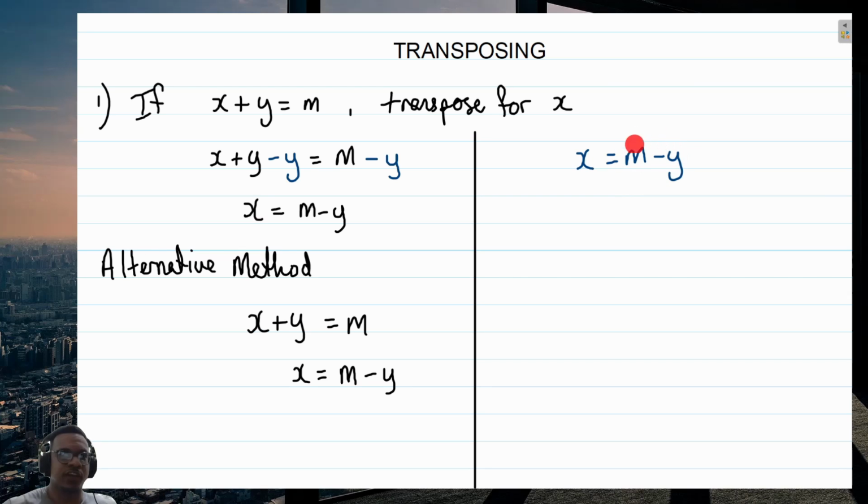So now I'll just rearrange these two things and show you an alternative way of writing the answer. And this is your alternative way of writing the answer. These two things mean the same. M take away y is the same as negative y plus m.